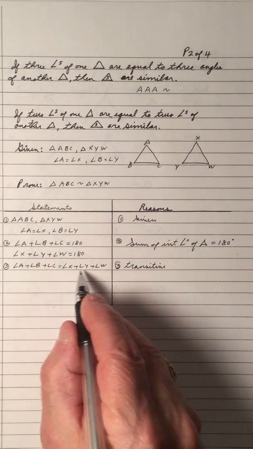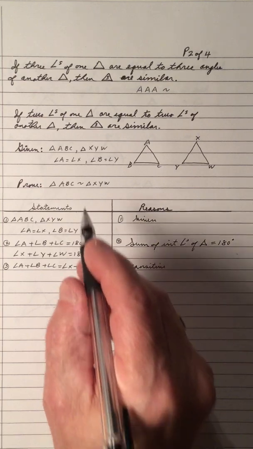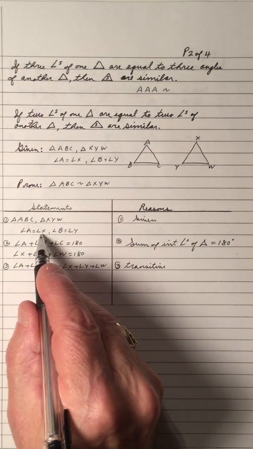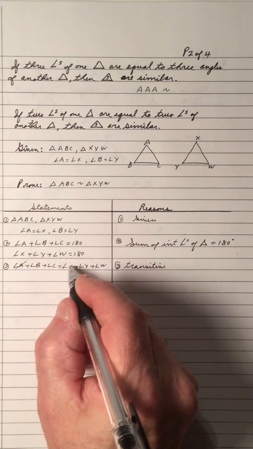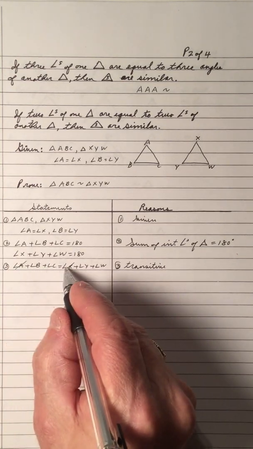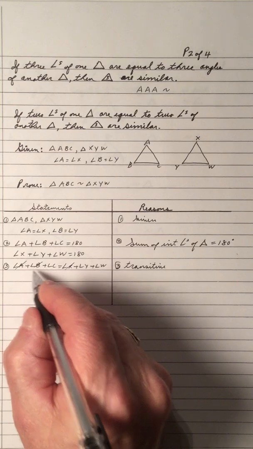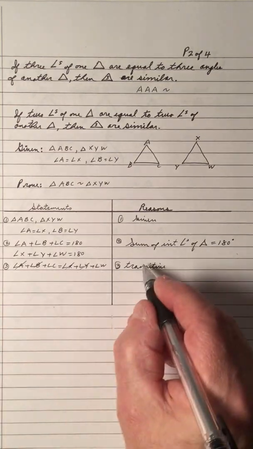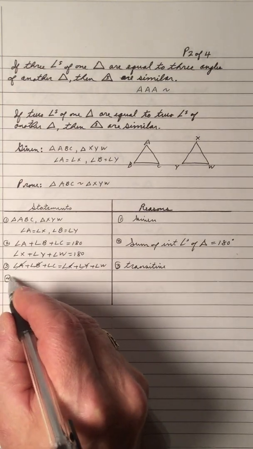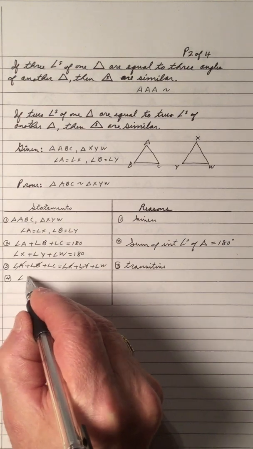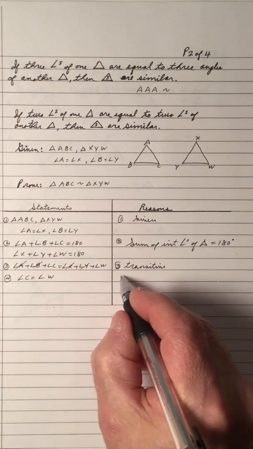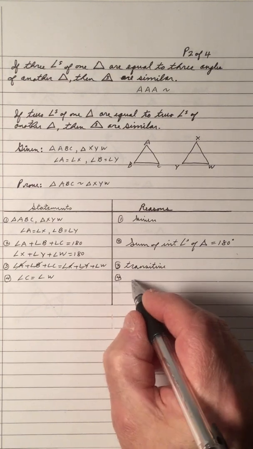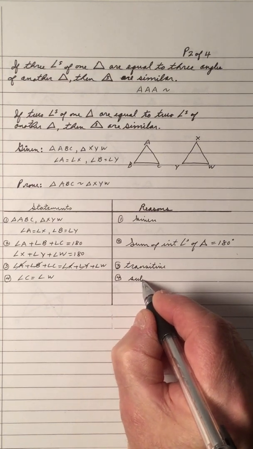Now that we have this equation, and we have angle A is equal to angle X, we can subtract A and X out. We can subtract B and Y out. And so now, because we subtract them out, we can have angle C equals angle W. And we call that the subtraction.